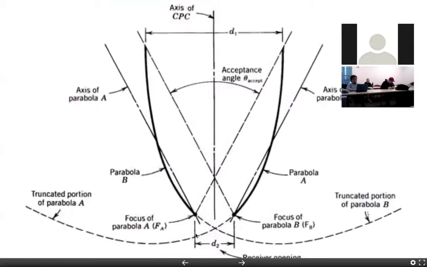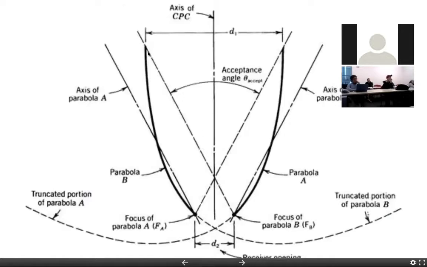So we're going to ignore these dashed lines, and only focus on the solid line of the parabola right here. This parabola has a focus here, A. And of course, the axis of this parabola is now this line, right? It's parallel to this line.